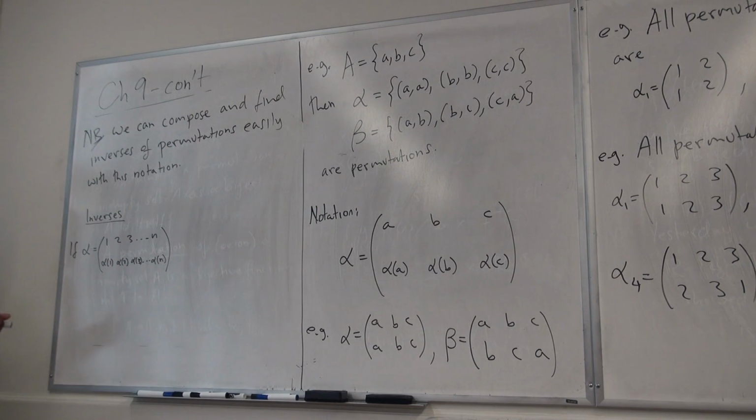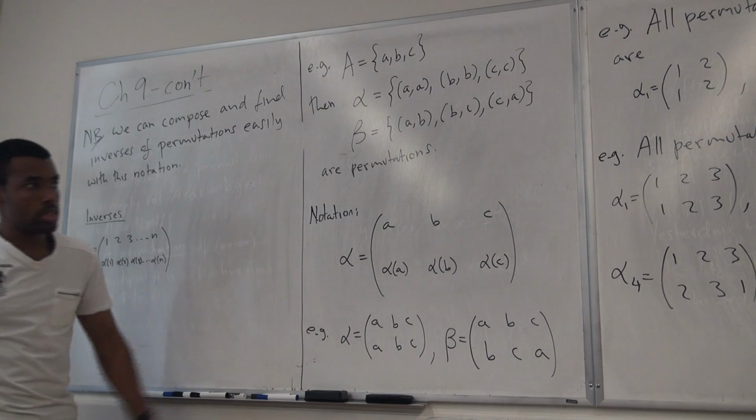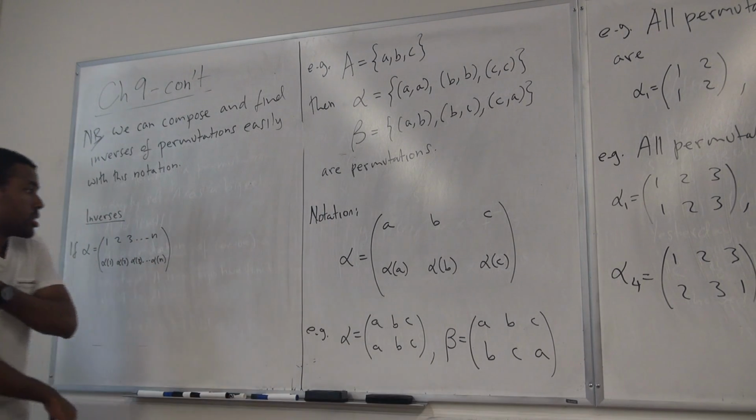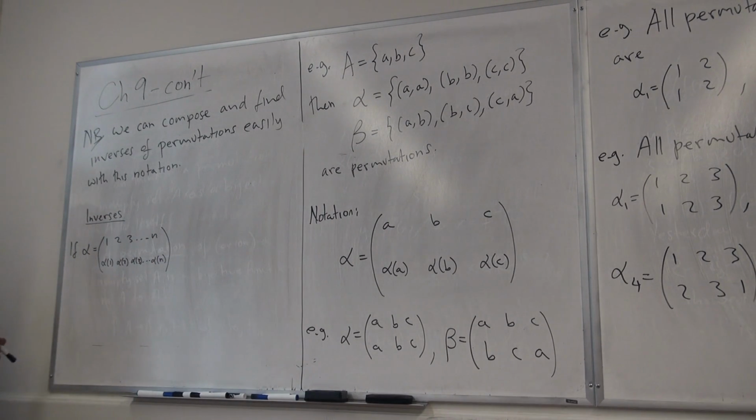These guys are functions, they are bijections, which means they have inverses, we can compose them and things like that. So basically, with this notation, it's sort of easy to figure out what their inverses are and their compositions. We'll talk about that soon.